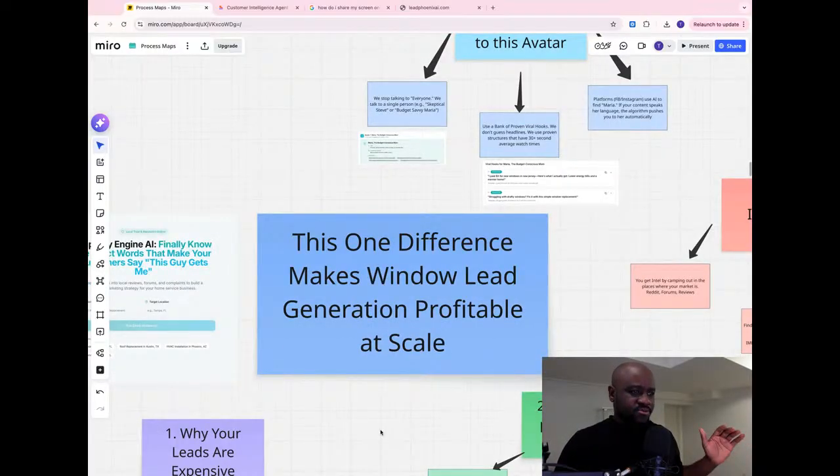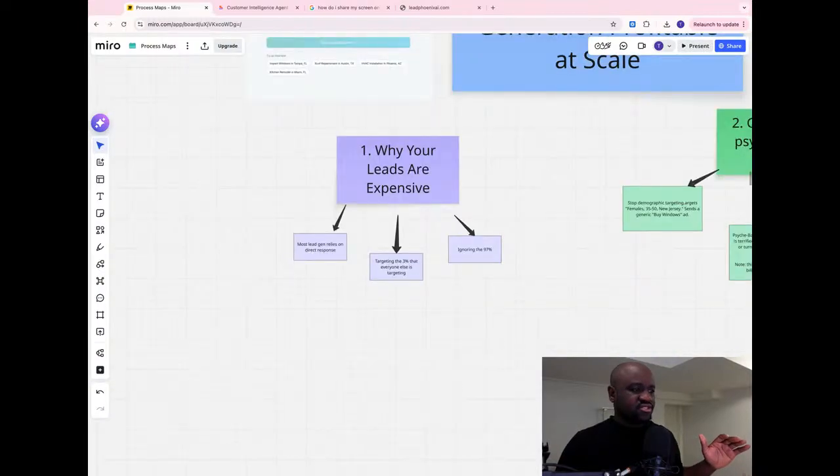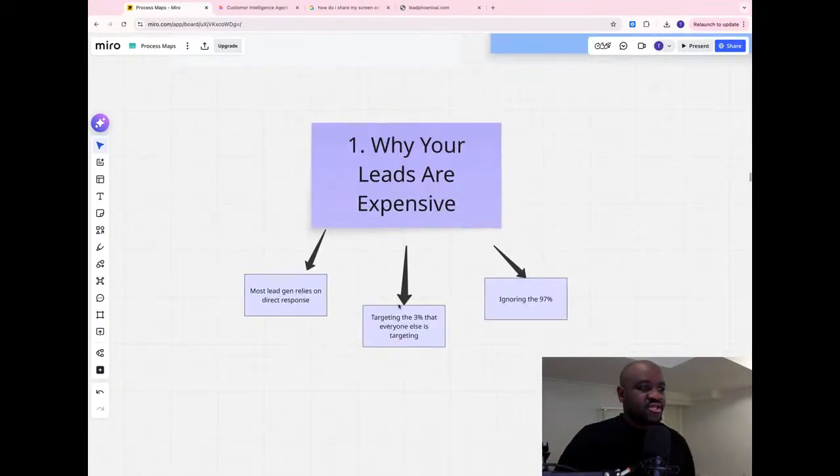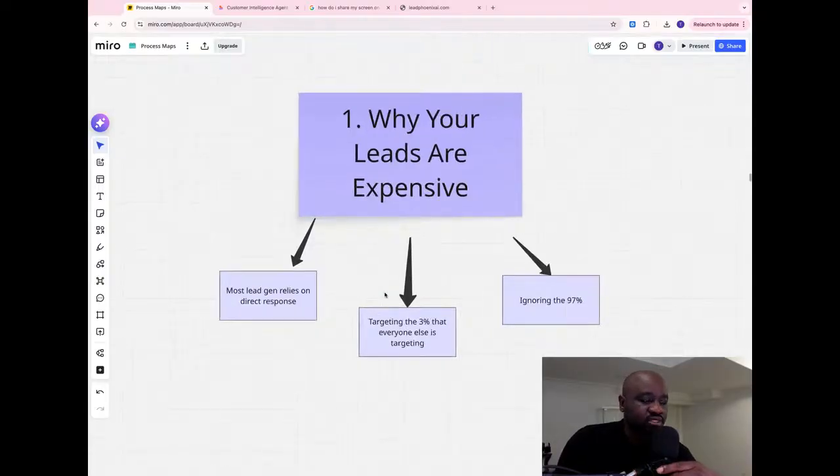First of all, let's start with the reason why your leads are expensive right now. The problem is most lead gen relies on direct response. If you go to Facebook, Meta, or Instagram, the ad library, you see a lot of copy that says, do you want your windows replaced?